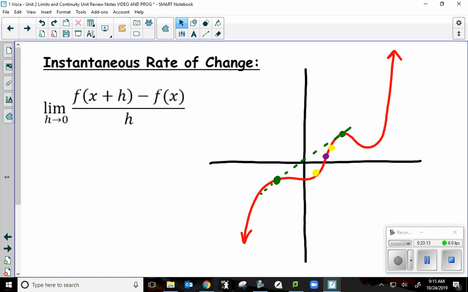They're going to be so close, right on top of each other, that it looks like 1 point. The distance between your 2 points becomes nothing. So you're really finding the slope at this 1 point here. It's a tangent line. It will look something like that.